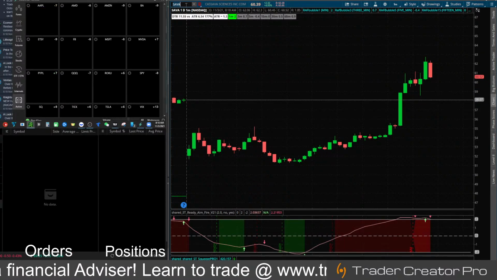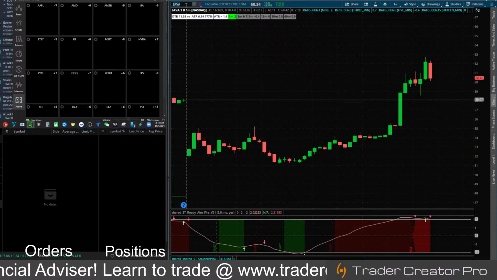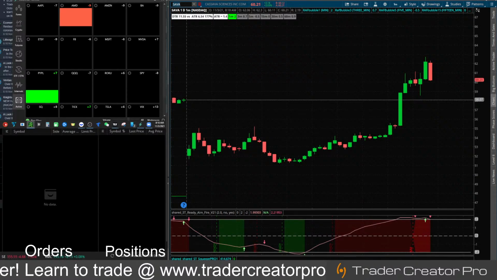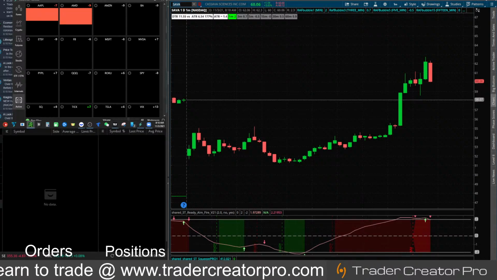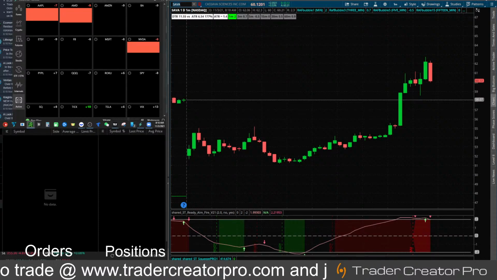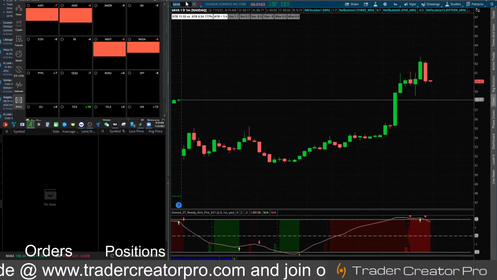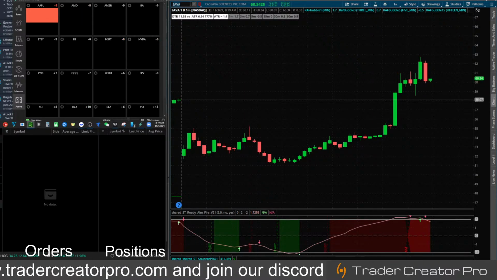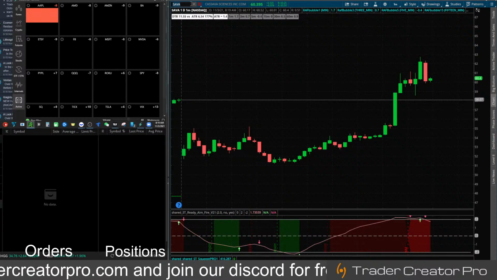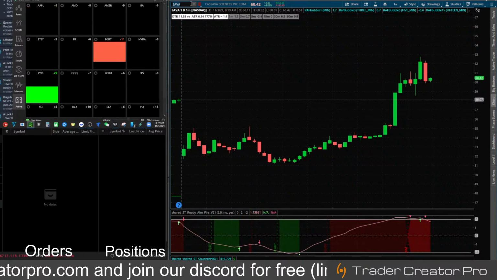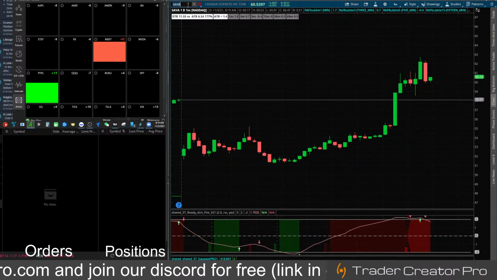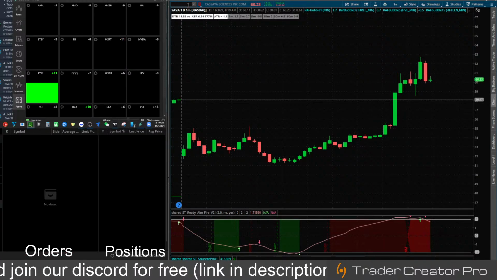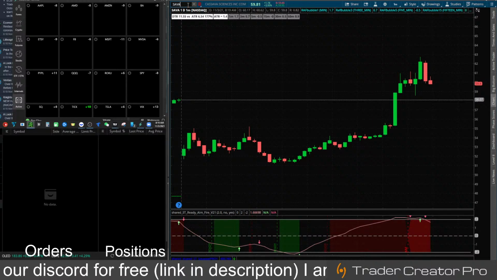Piton's making a nice move. Okay, Sava right here. It could hold this and pop. Let's look for a good trade. Look for a good one.